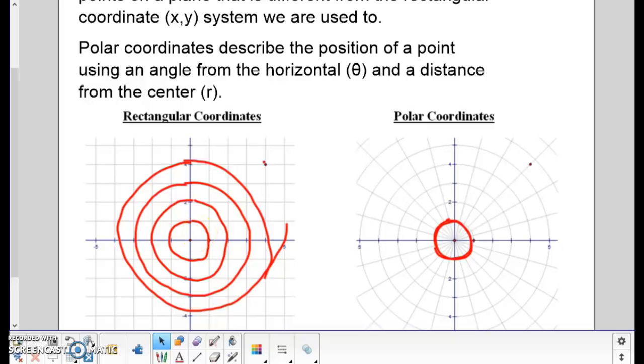So if I put a point right here, I could measure that point as being 3 in the x direction and 3 in the y direction.